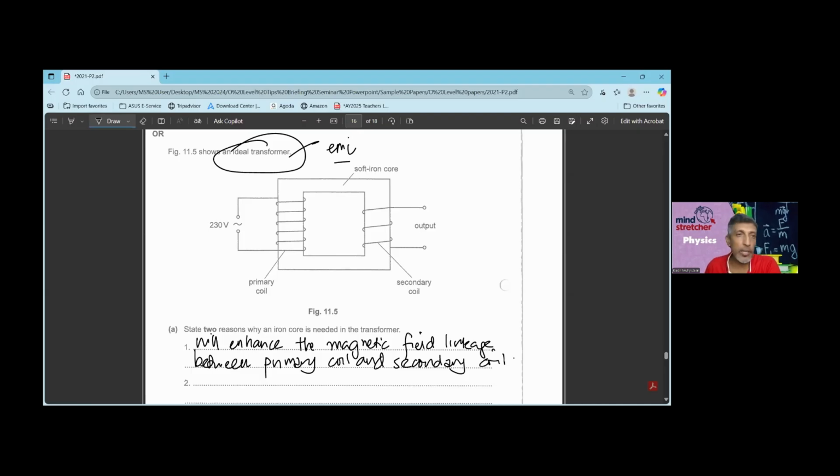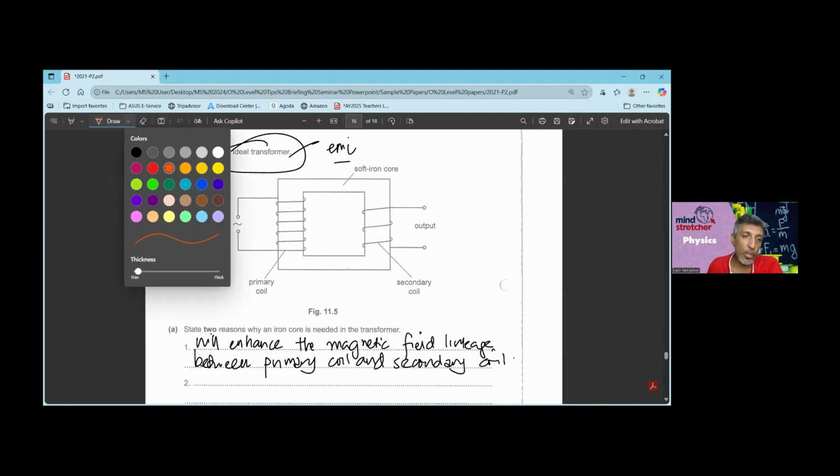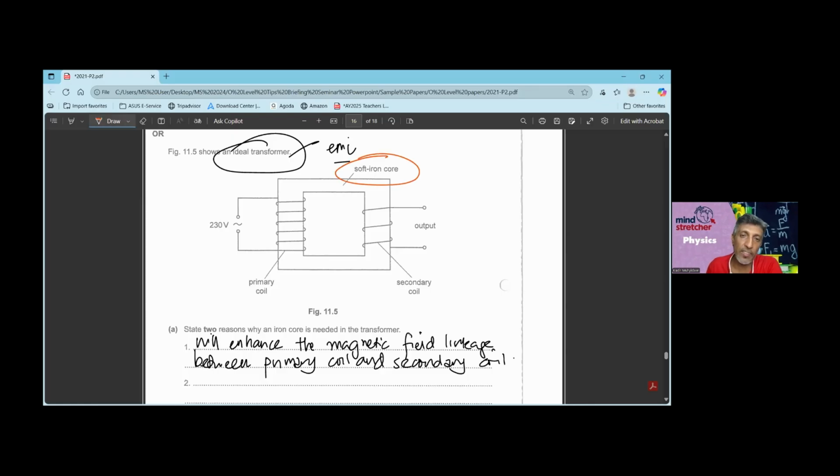The next point is very good. Because the iron core is easily magnetized. It's a soft magnetic material.